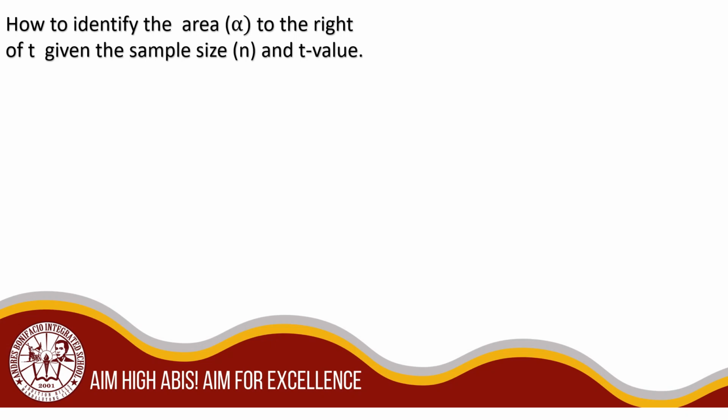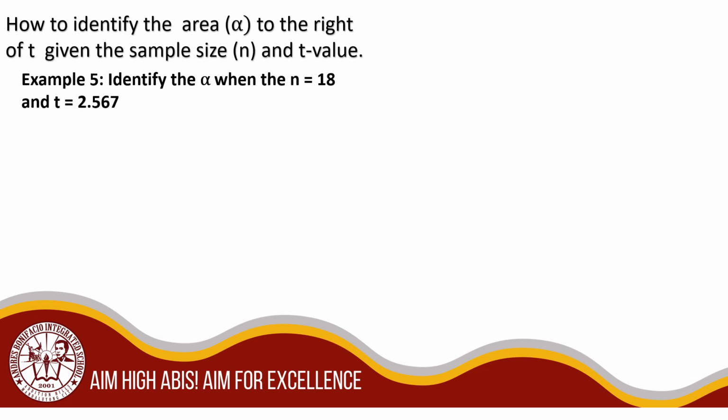This time, we are going to identify the area to the right of a t given the sample size n and a t value. So, hindi katulad ng first three example, ang hinahanap natin ay t value. Ngayon, ang hahanapin natin yung corresponding area given the sample size n and then the t value.